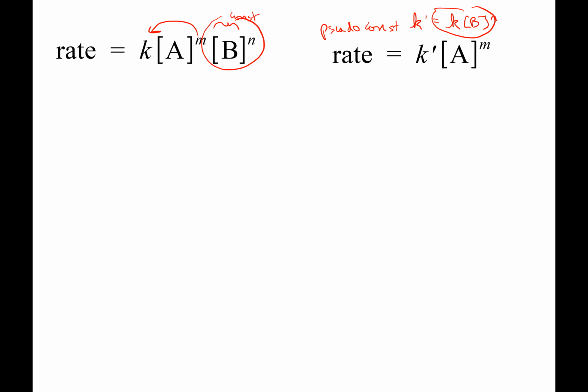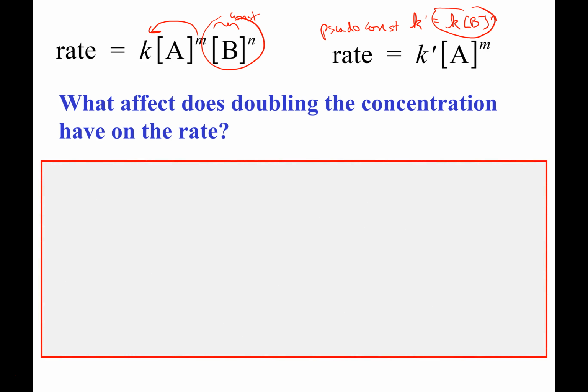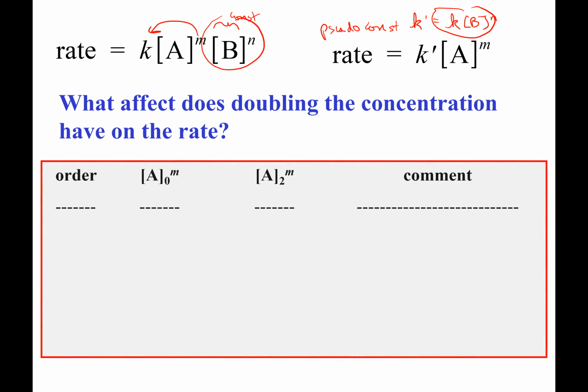Okay, so with that in mind, here's what the data can look like under different scenarios. In each case, like I said a minute ago, we are going to double the concentration. So I'm going to call this my A1 for my first trial. This is my A2, which is twice A1. We're going to see what sort of effect we can have on the rate.